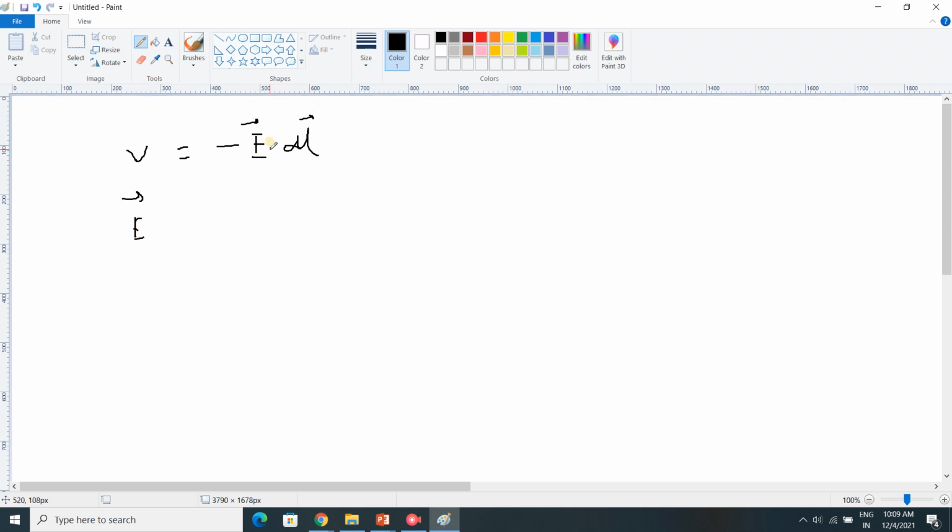Since we are doing the dot product, these two are vectors, the electric field intensity and the displacement. Being vectors, they have unit vector coordinates: E is Ex unit vector x plus Ey unit vector y plus Ez unit vector z.